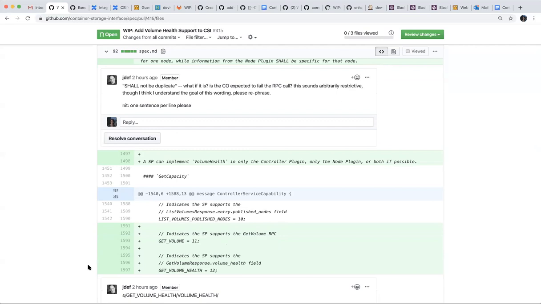At least with resizing, that was not a great idea. So now what we're proposing for any new functionality going into CSI is to go through alpha, beta, GA. The proposal here would be alpha in CSI, then go back, try and implement it in the CO, see if it works, and iterate on it.